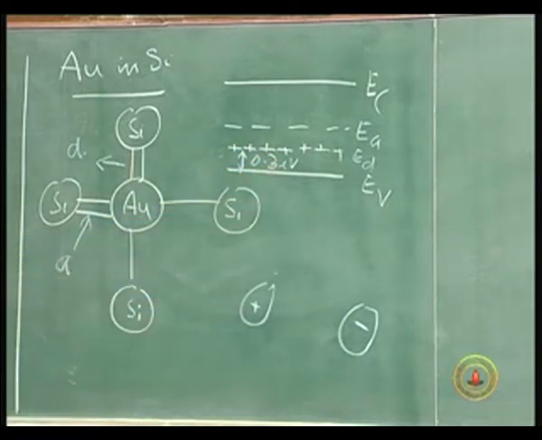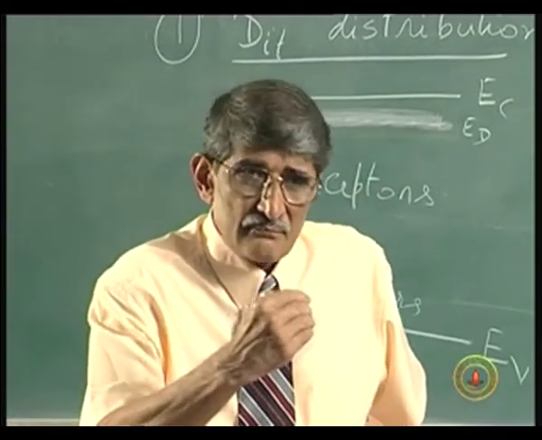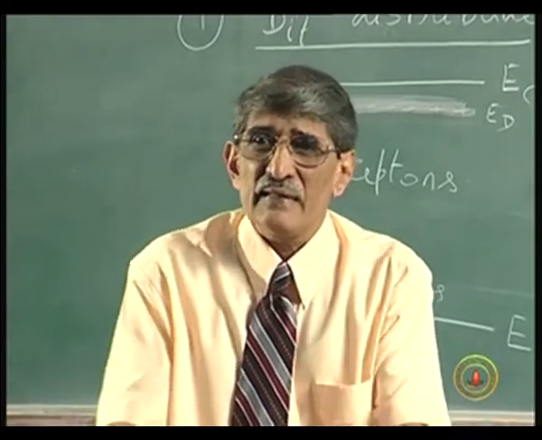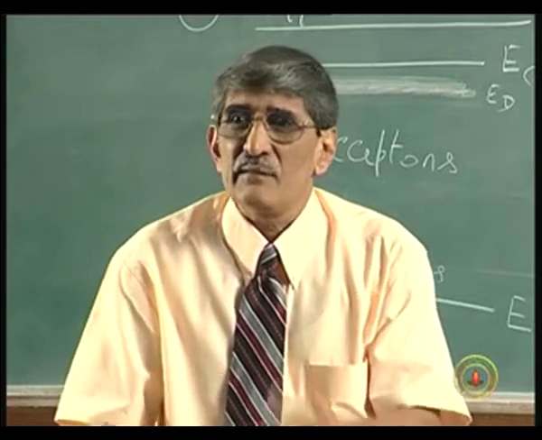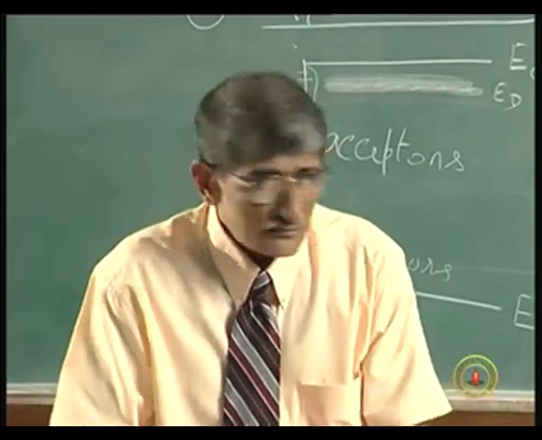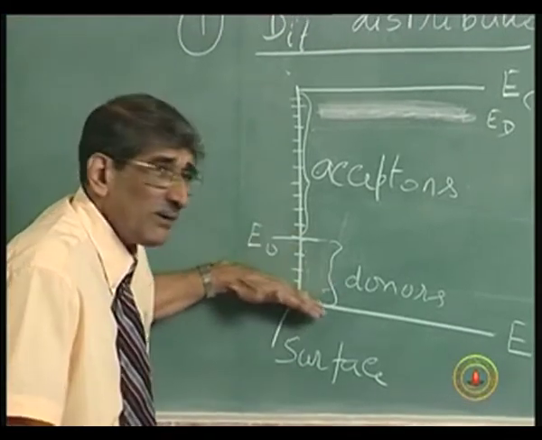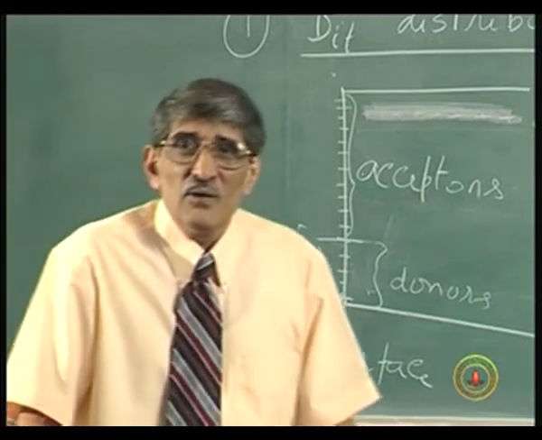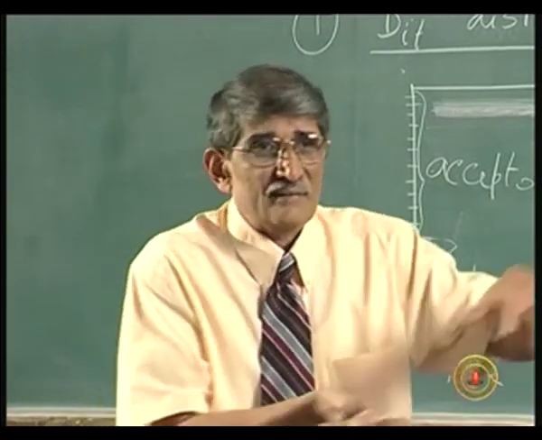So, what I am trying to point out is, you have got a situation now where, for the same type of impurity, if it is donating and accepting, the donor levels will be below and the acceptor levels will be up. Now, some of them are donating, some of them accepting.